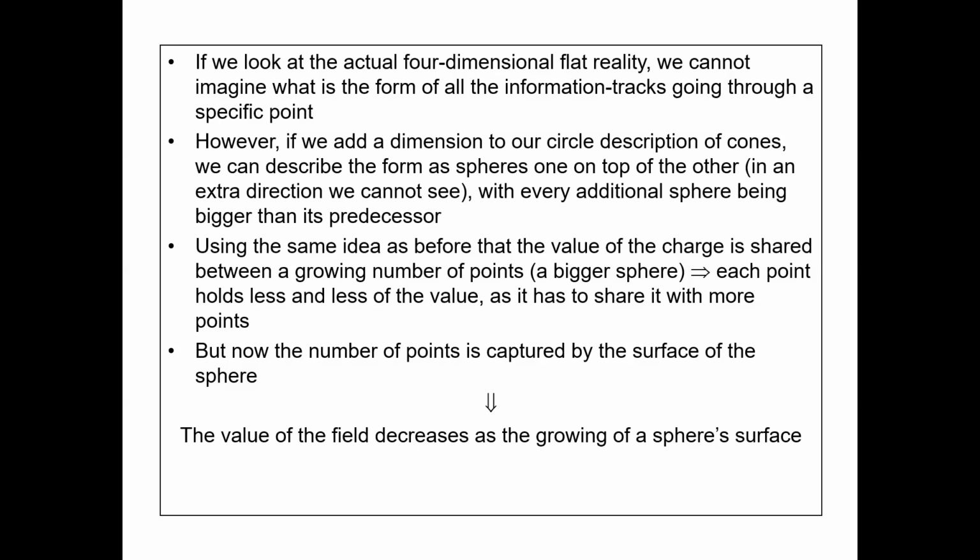And this means that the value of the field decreases as the growing of a sphere's surface. This means that the field decreases in value as it moves along an information track, depending on the amount of dimensions reality has. And this is Gauss's theorem.